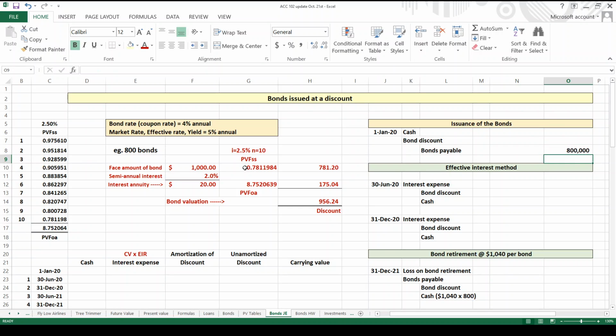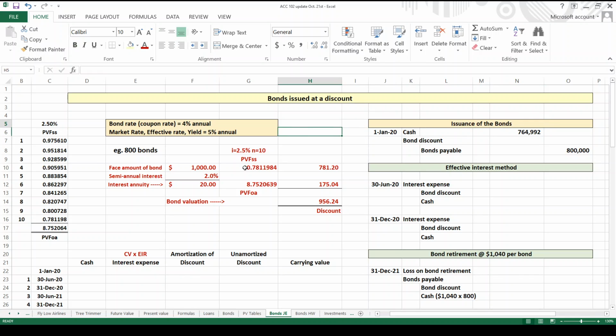Okay, now how much did we sell the bonds for? Theoretically, we sold the bonds for $956.24. So I'm just going to take that number and multiply times 800. We get $764,992 for the bonds.